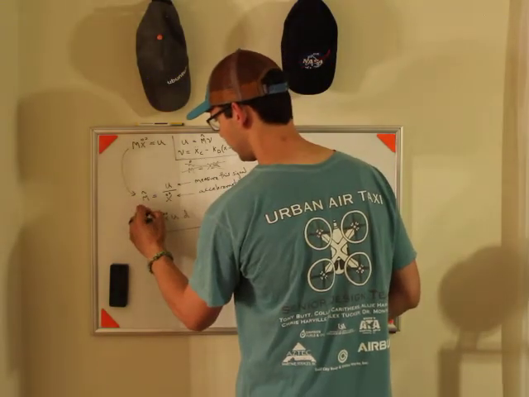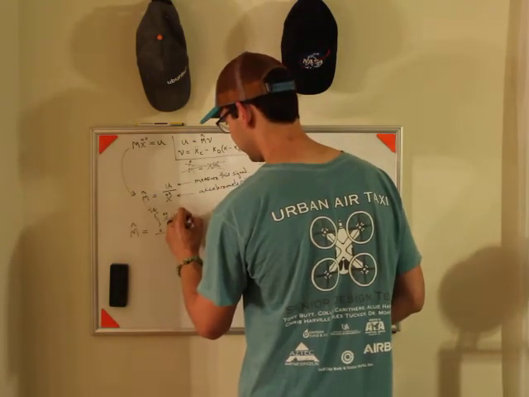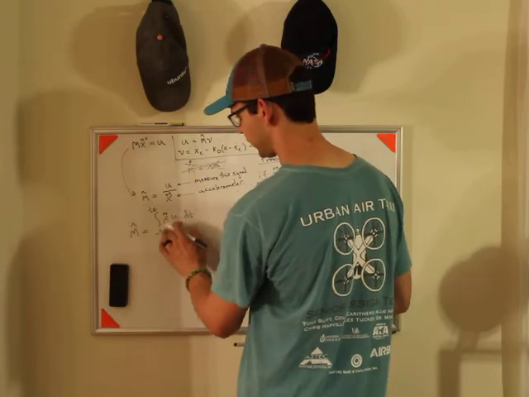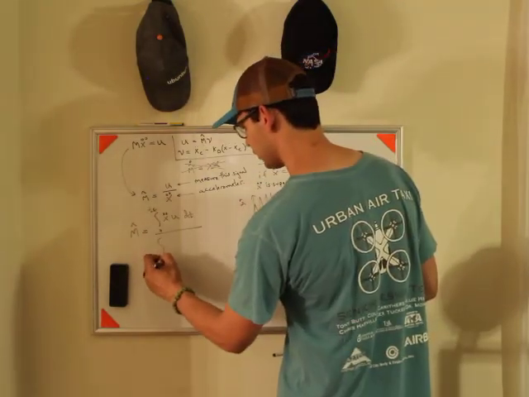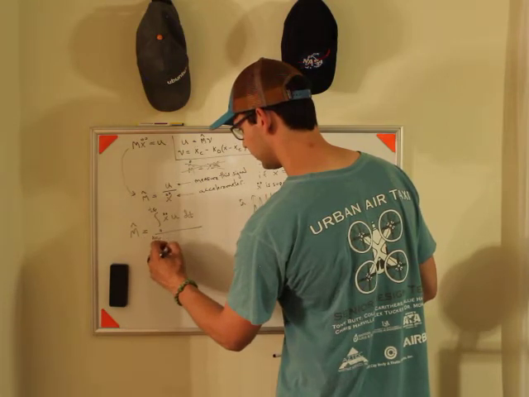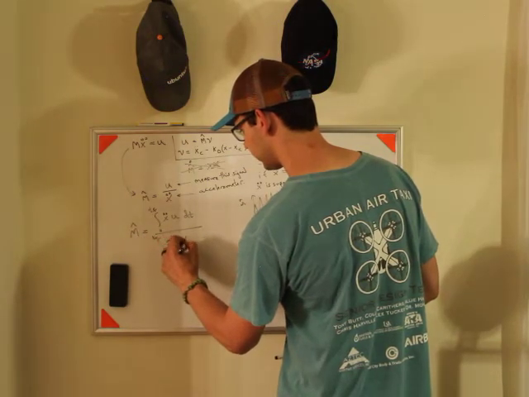I'm going to call this t final, and this is dt. So I'm integrating with respect to time to some final time, right? And then I'm going to divide by the integral to t final of x double dot squared dt.